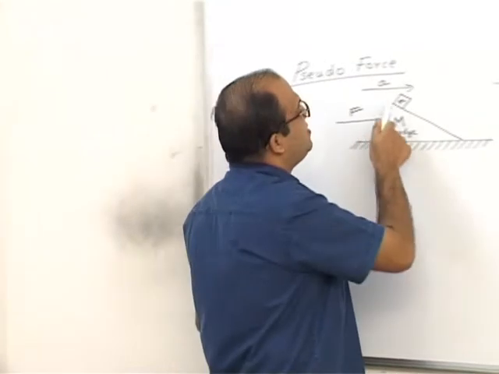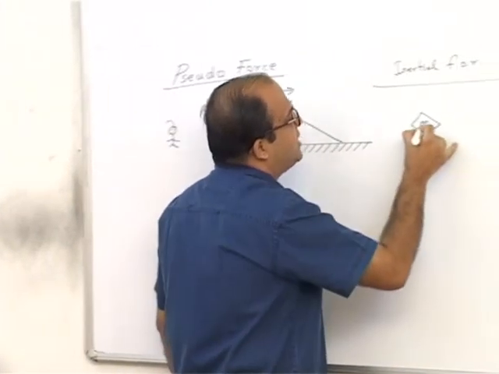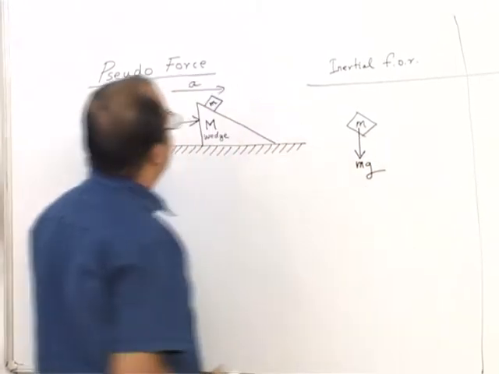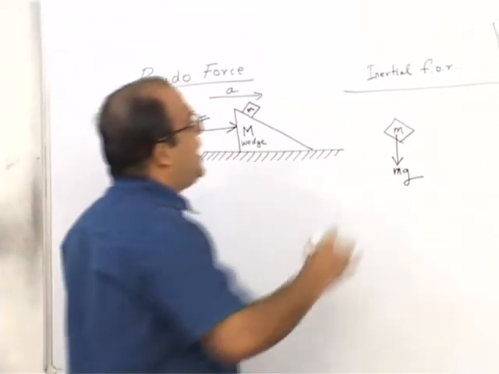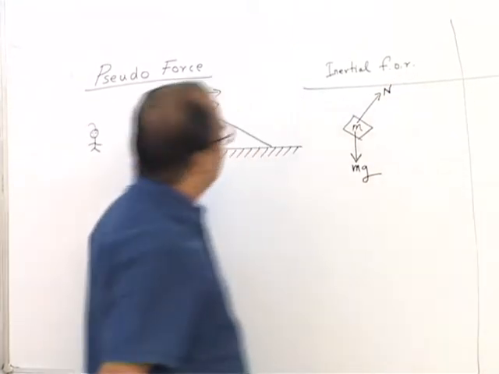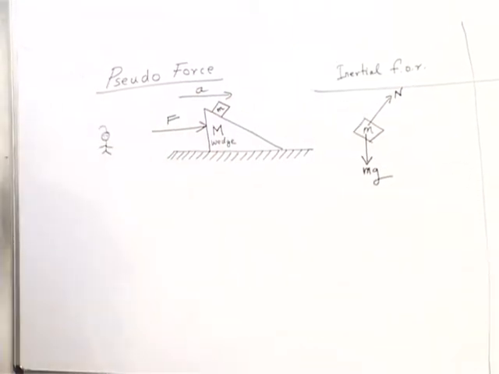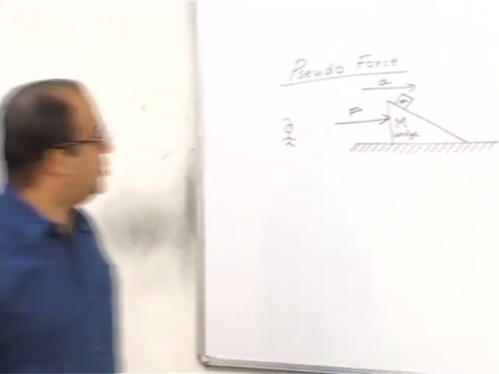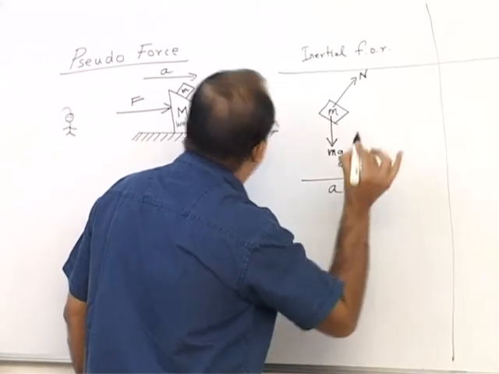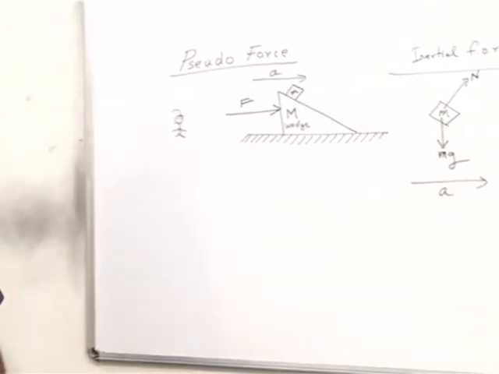Now if you look at this small block m, mg is acting downwards. Normal reaction will act perpendicular to the surface. Any other force acting on this block? No. And the acceleration is in this direction.